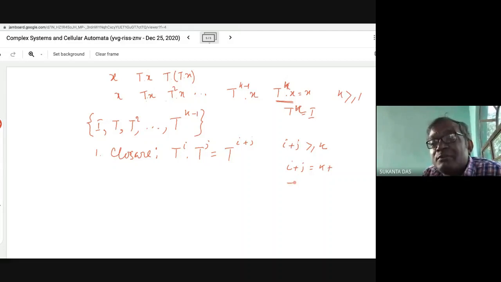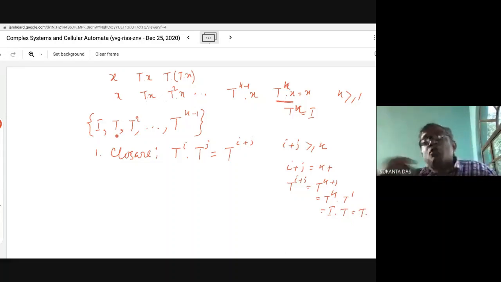What is the meaning of this? Then T to the power i plus j equals T to the power k plus 1, which equals T to the power k into T. T to the power k is I, so I into T equals T. So T is in this set.